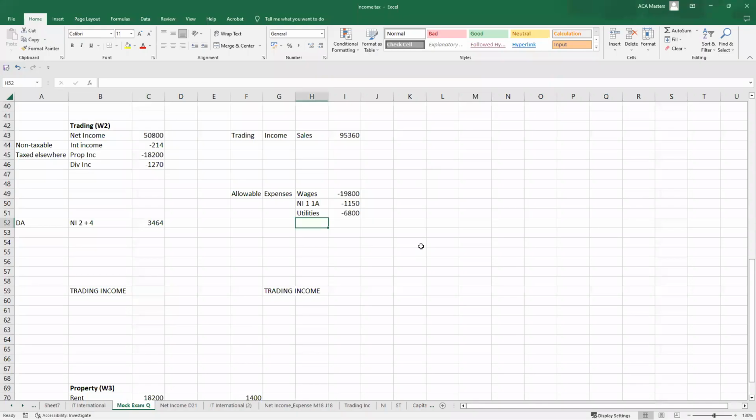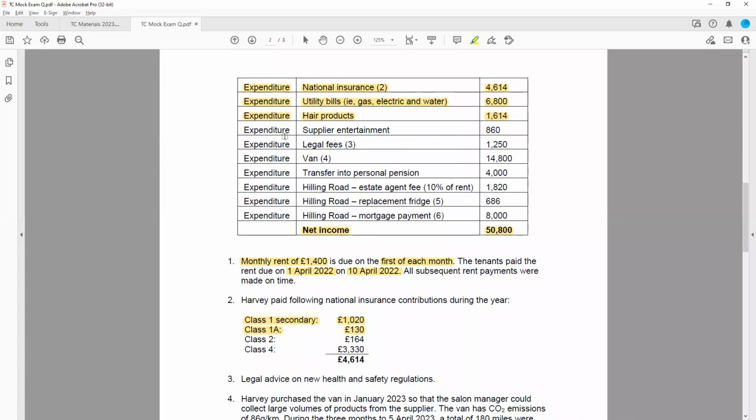Hair products, same again, that's an allowable expense. So if it hasn't already been deducted, then deduct it. If it has been deducted, fine, that's allowable. So supplier entertainment, that's third-party entertainment because the supplier is a third party, not somebody in the business, not like staff, for example, and therefore that is disallowable.